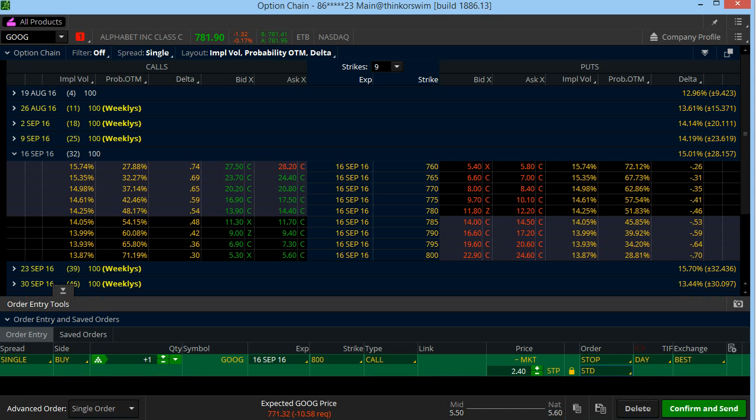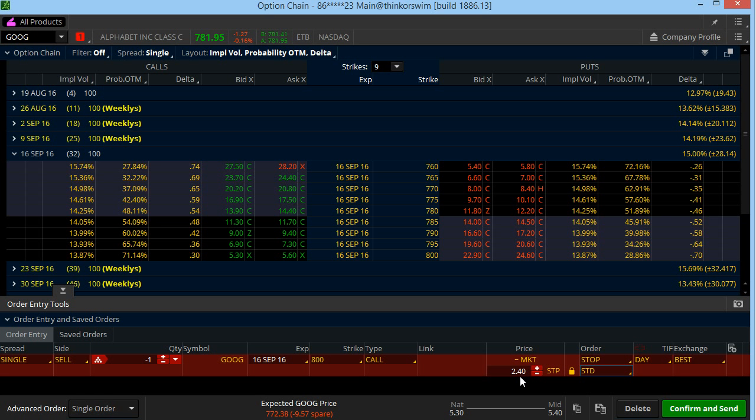When you say price is 240 and you just use a stop order, it means that when the price of this call option goes down to $2.40, it will immediately turn into a market order and you will be taken out. In this case, of course, it will be a sell. Remember, we bought it at 540. I want to sell it on a stop at 240.